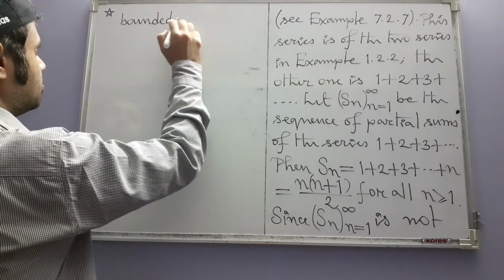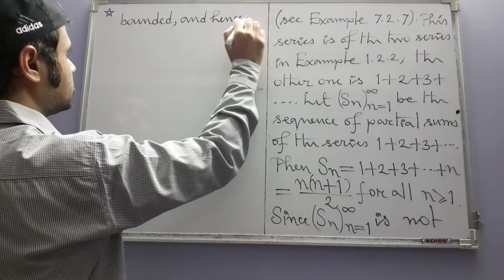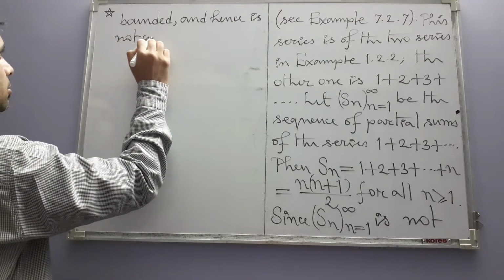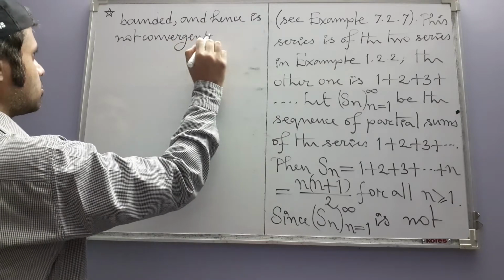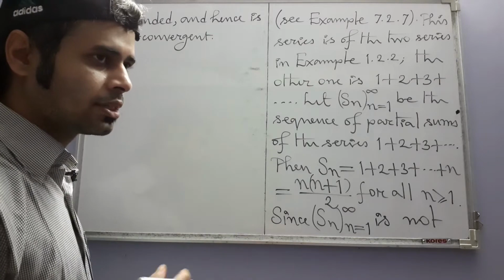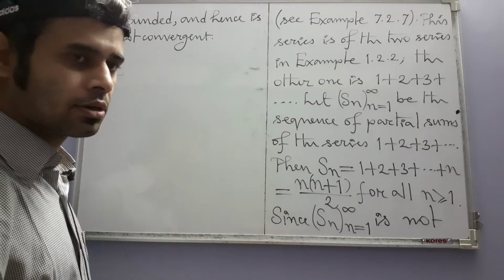Not bounded, and hence not convergent. So the sequence of partial sums is not convergent means, by the definition of convergence, the actual series itself is not convergent.